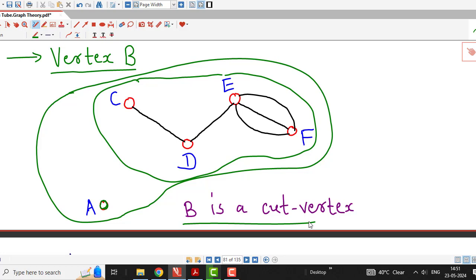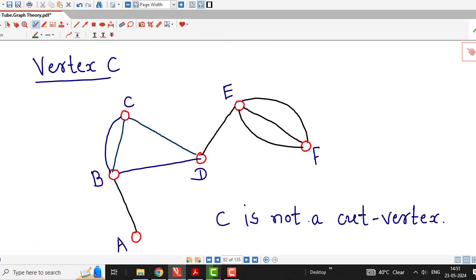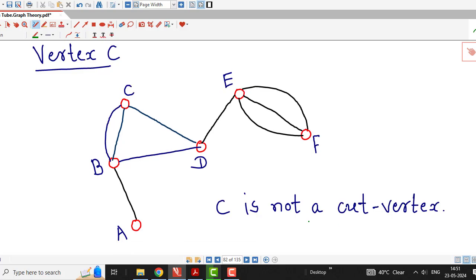In that way you have to check for each and every vertex. Here I have drawn the original graph for every vertex, and I am showing you how I am removing that vertex and all edges incident with that vertex.